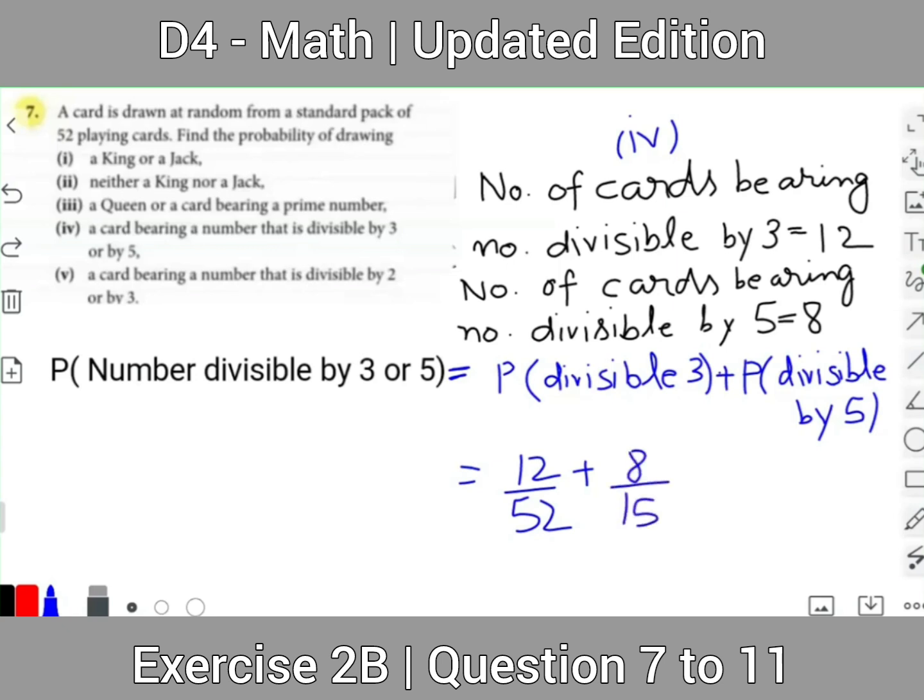Now we will add 12 and 8 over 52, and here we have 20 over 52, and after simplification we will get 5 over 13.